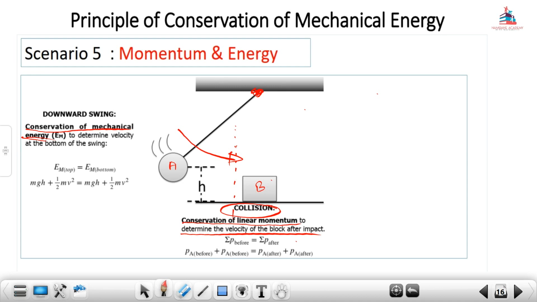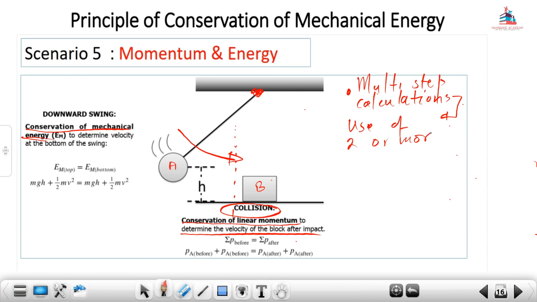We understand that the majority of our learners fail with multi-step calculations. And guys, be ready for these multi-step calculations. What it basically says is use of two or more principles or equations.